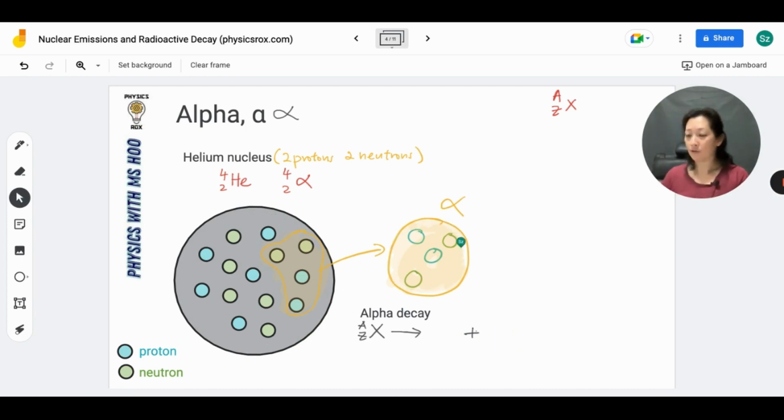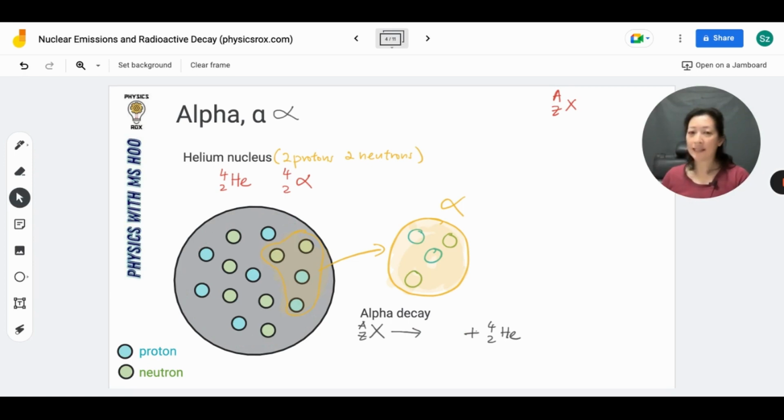So although it's not wrong to write alpha first, I'm going to follow normal convention. So we're going to write 4,2He over here, which is basically the alpha particle. If you wrote 4,2 alpha, it's also not wrong. So what goes here would be the remaining nucleus with all the remaining protons and neutrons.